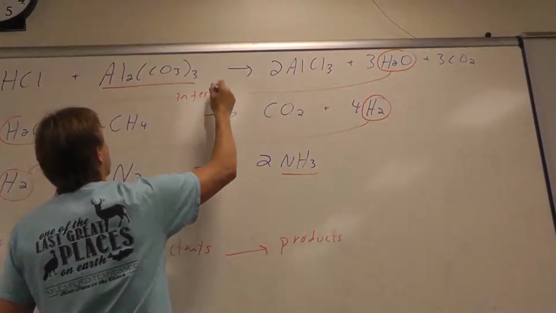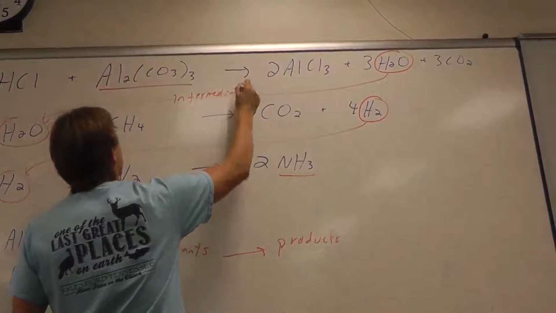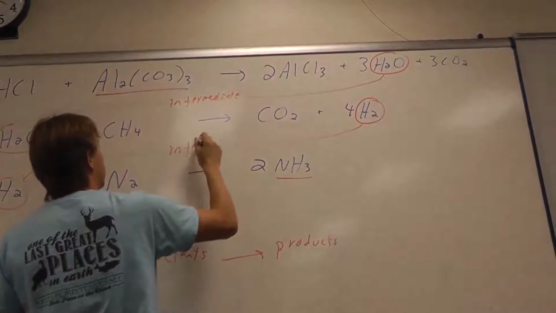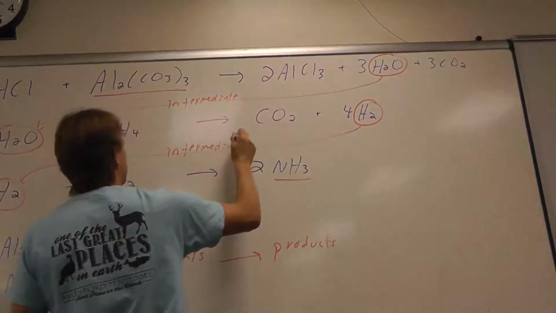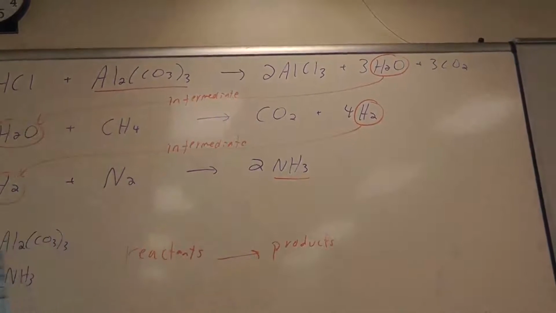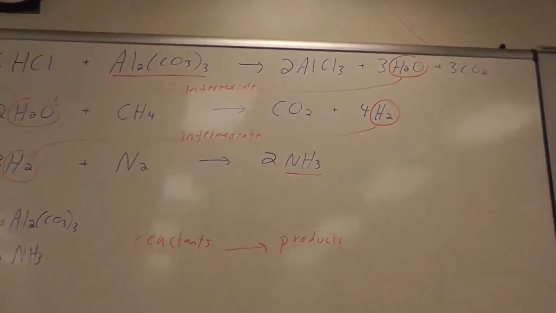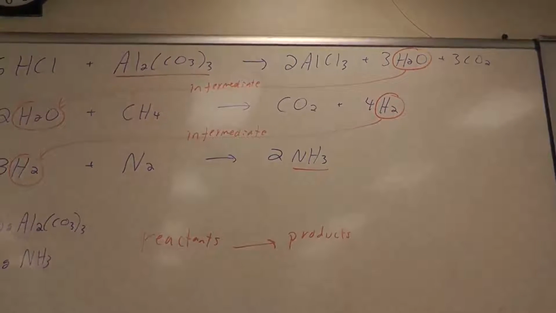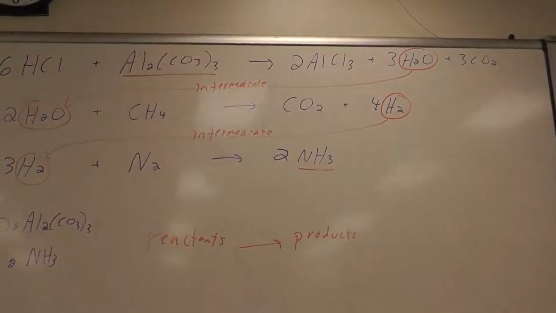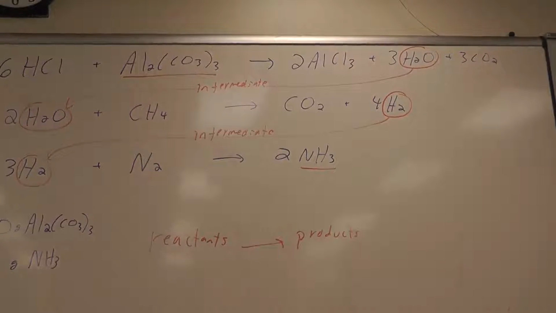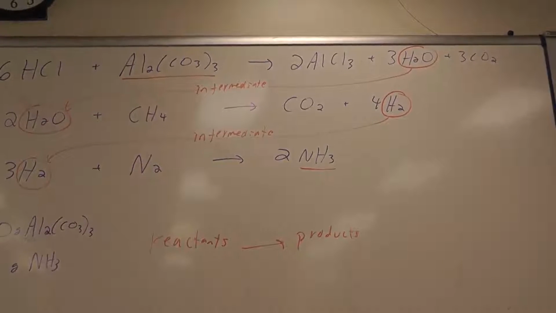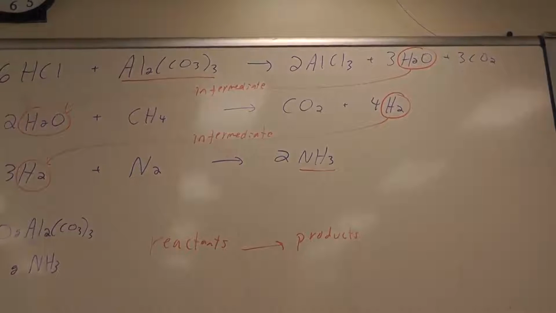It's called an intermediate. The hydrogen is also an intermediate. Intermediates are not true products or reactants. They're a temporary stage that you go through in changing from reactant to product.